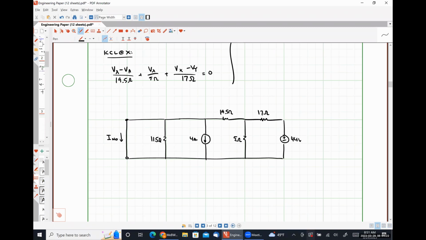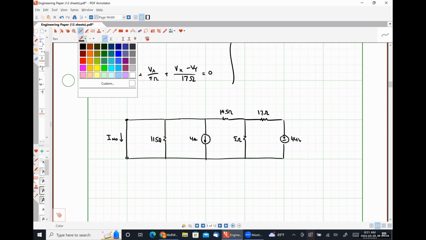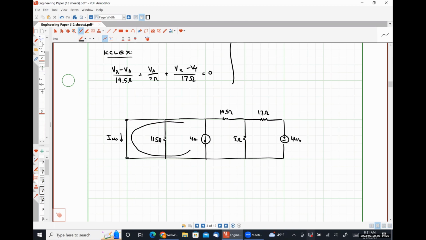So how many meshes do I have? While you're technically right, I'm going to use 3. Because the short circuit is shorting out the 11.5 ohm resistor. So instead of bothering to write 2 equations where I know one of them is just going to be 0, I'm just going to call this thing, let me use a different color, one mesh.